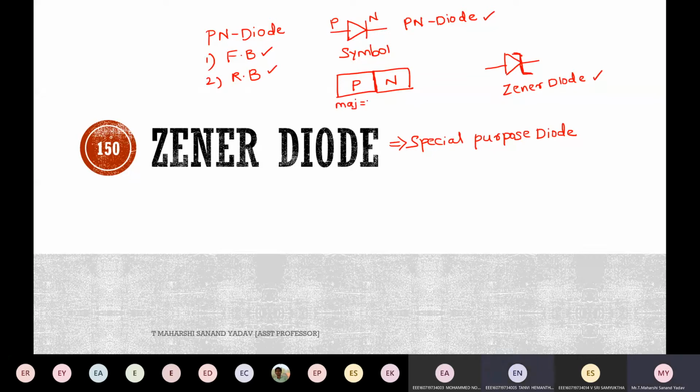Majority in P-type: holes. What are minority in P-type? Electrons. Majority in N-type: electrons. Minority: holes. And now this concept depends upon the concentration.